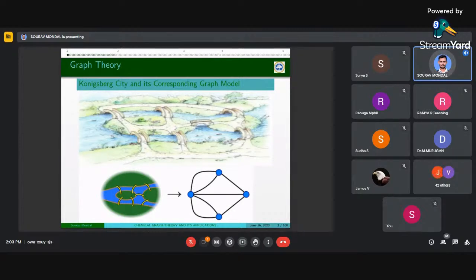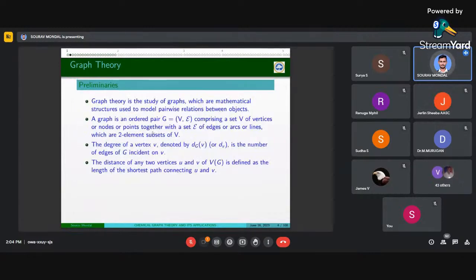It is considered to be the origin of graph theory. So what is a graph? It's a mathematical model of almost any real-world problem involving discrete objects and relationships among them. It can be considered as an ordered pair (V, E), where V is the vertex set and E is the edge set.